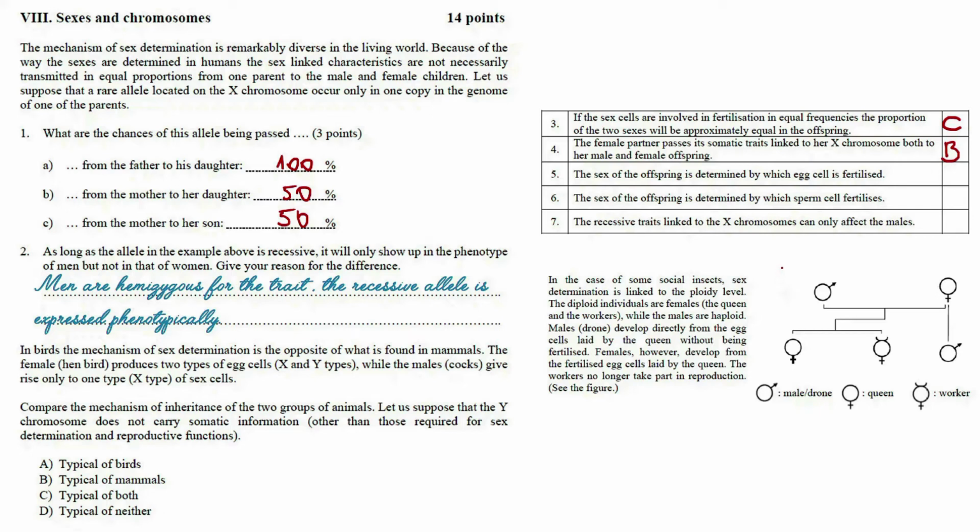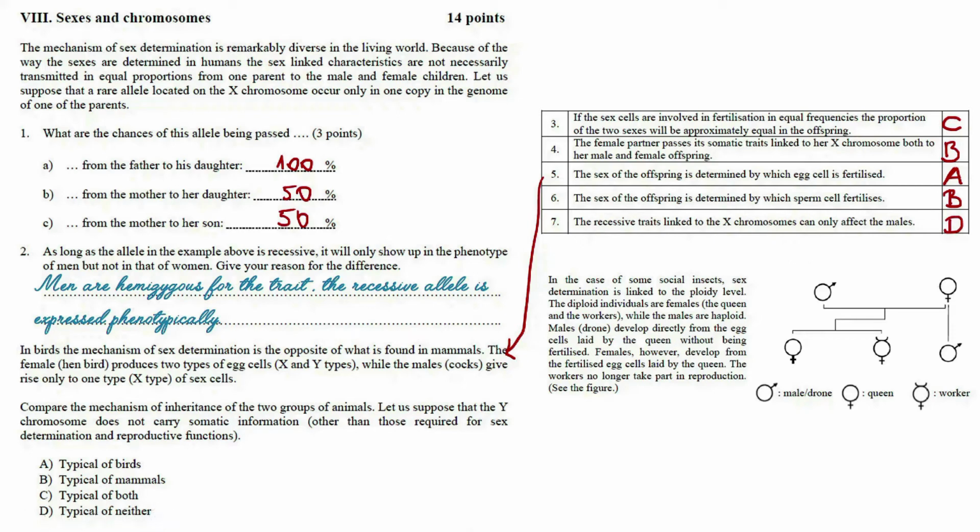The sex of the offspring is determined by which egg cell is fertilized. It is written in the text that in birds the mechanism of sex determination is the opposite, so it means that the good answer here will be A. The sex of the offspring is determined by which sperm cell fertilizes, obviously mammals, and the recessive traits linked to the X chromosomes can only affect the males, which is going to be D, so it is not true for them.